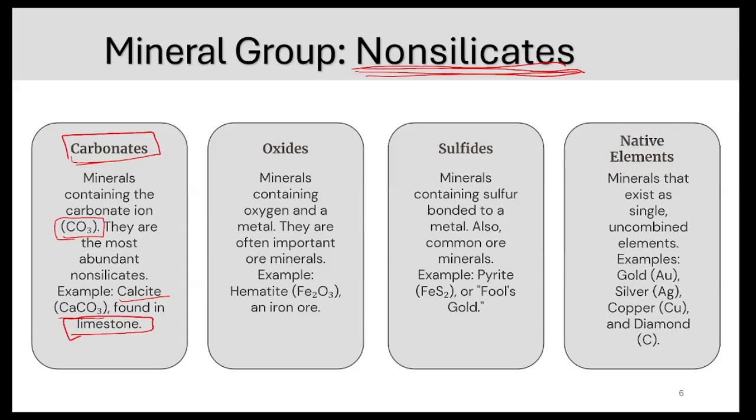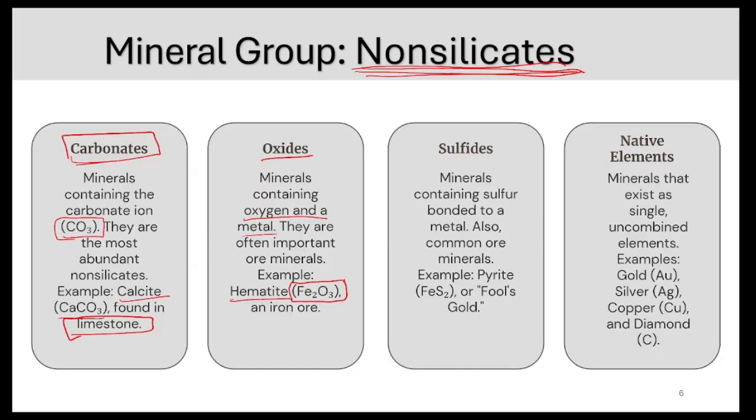Oxides are metals combined with oxygen. Hematite is a very important example of oxides, and this hematite is what we get the iron we use in structures from.